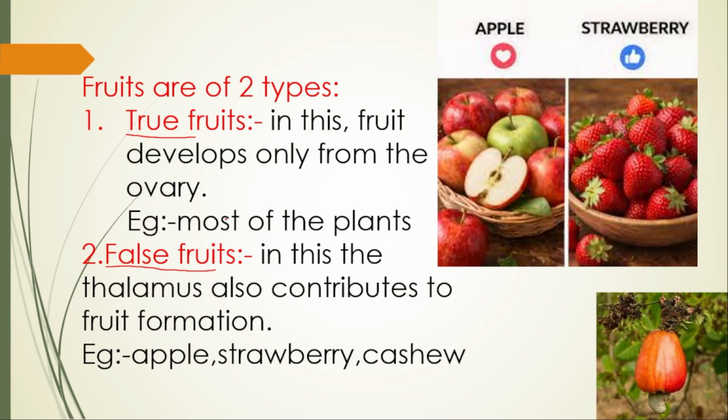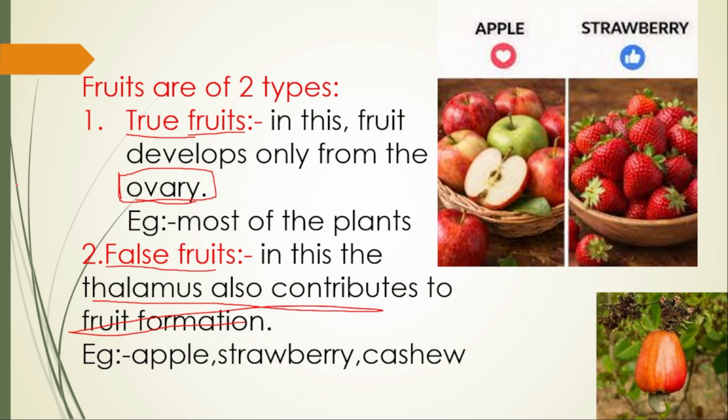But a true fruit means the fruit develops from the ovary, as the product of sexual reproduction. If in this the thalamus also contributes to the formation of the fruit, then it is called what? False fruit. Thalamus means what?